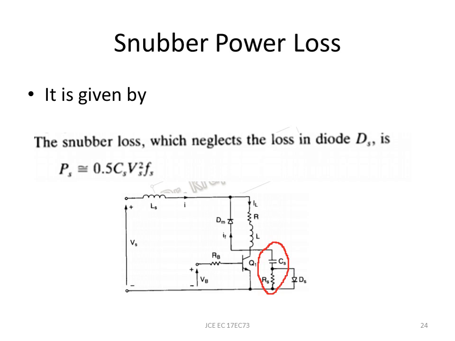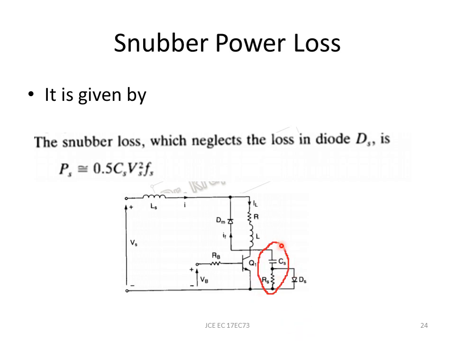One more element that we need to learn is the snubber power loss. When we talk about snubber power loss, we basically look into the power loss because of the Rs and Cs as shown in this figure.